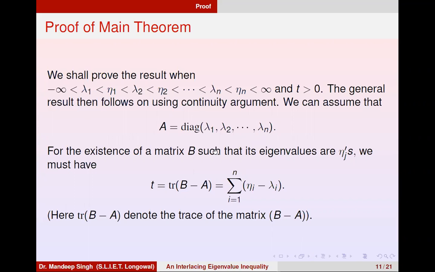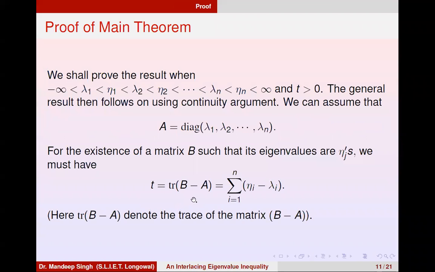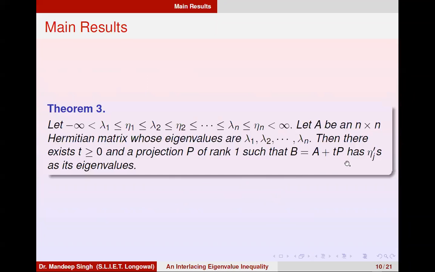Okay. So for the existence of B, my T should be none other than the trace of B minus A. If I am to choose my B in such a way, then there exists T greater than 0. So for that T, I have to take T as trace of B minus A, which is this. So the only thing not known to me is P in this case.